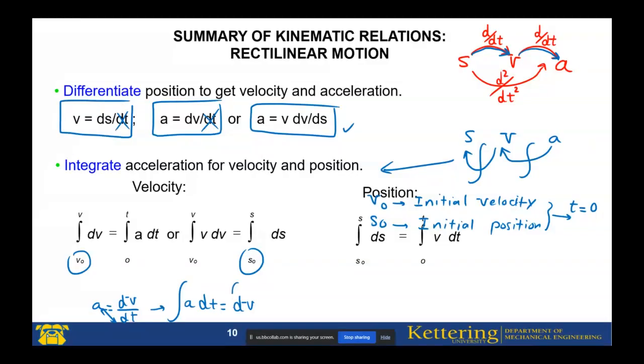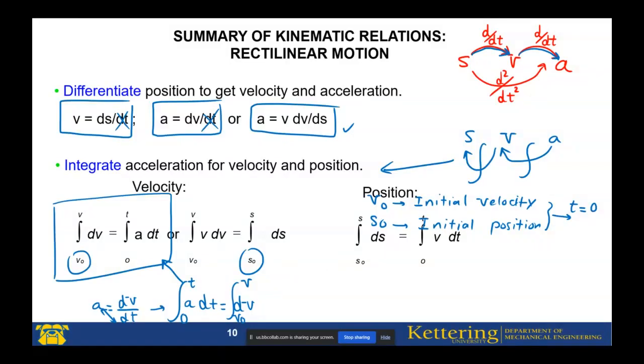If I take the integral on both sides, at the time 0, the velocity will be v0. At the time t, velocity will be v. Okay, this is this. If you repeat for other equations, you can find similar integrals.